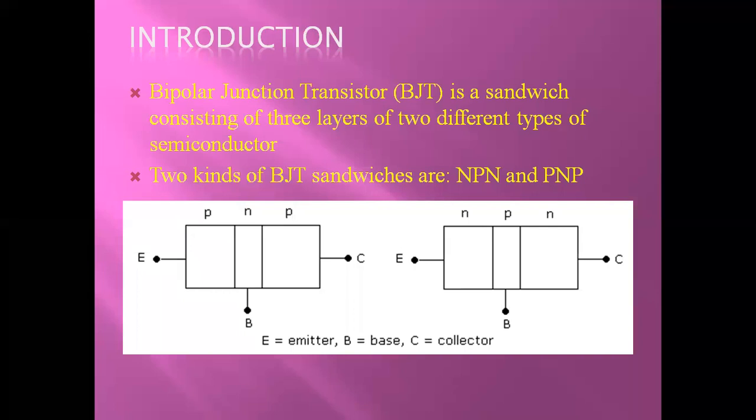The transistor is formed by sandwiching two different diodes, either PN diodes or NP diodes. We have already gone through the semiconductor concept in this class, the PN junction diode in forward biasing and reverse biasing.